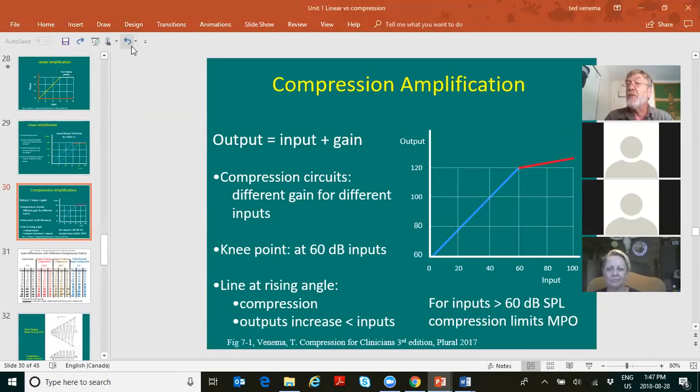Here's compression. So at 80 in, my output also increased a little bit, but my input went up by 20, and my output didn't increase by 20. Maybe my output only increased by, say, 5. So if my input increased by 20 and my output only went up by 5, that's a 20 to 5 compression ratio.